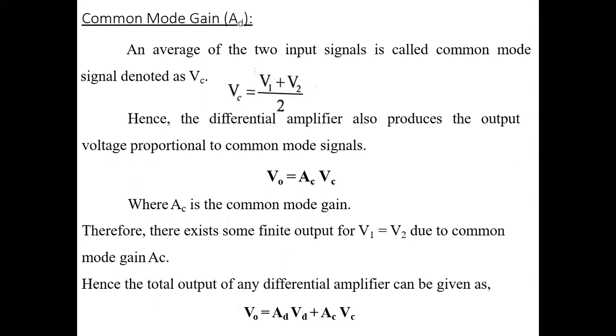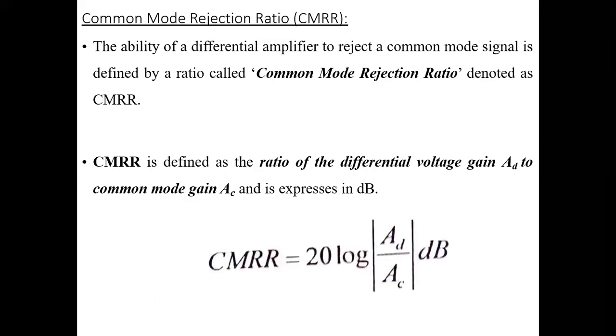In common mode gain, the average of the two input signals is called the common mode signal. That is VC equals (V1 plus V2) divided by 2, and Vout equals AC into VC. We can write Vout equals AD into VD plus AC into VC. This is the common mode rejection ratio.